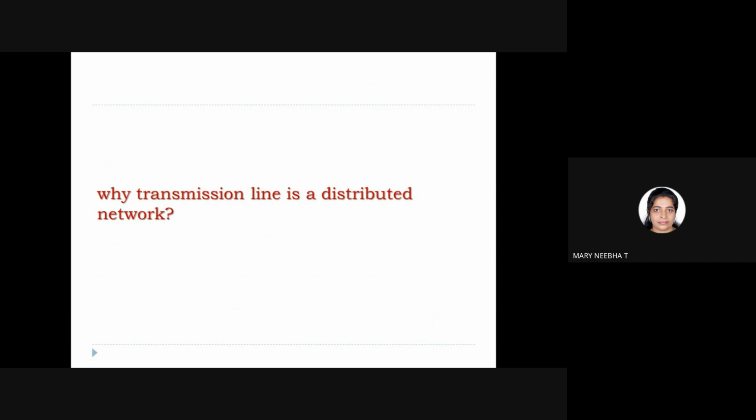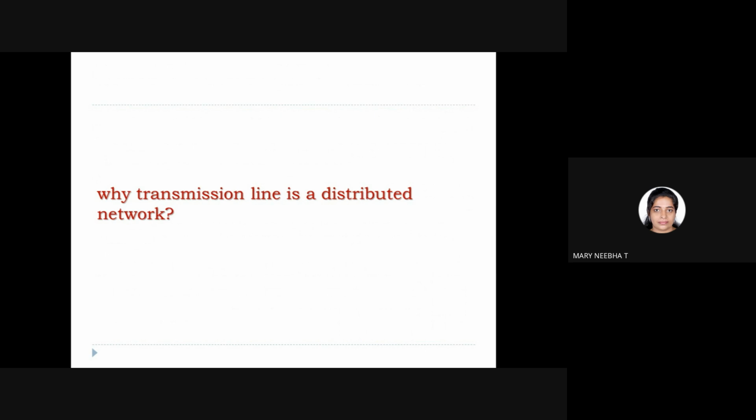But in a distributed network, the components are not physically realizable, but they are actually present. The transmission line looks like a transmission line. For example, a 2-wire transmission line looks like a parallel transmission line, but it has the characteristics of a resistor, an inductor, a capacitor, and conductance in it.